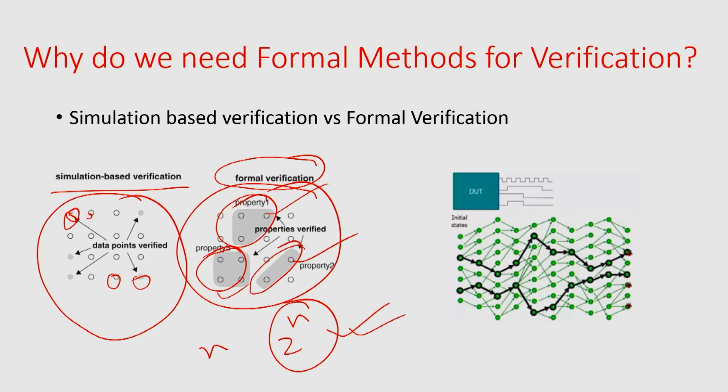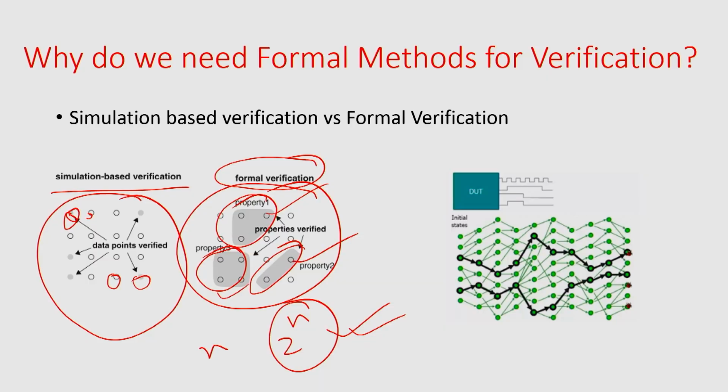So this is how, from a little higher level of abstraction, formal property verification can cover all possible input scenarios, because finally at the end, if you say that your implementation is correct, it means that for all possible inputs your implementation produces the correct output.